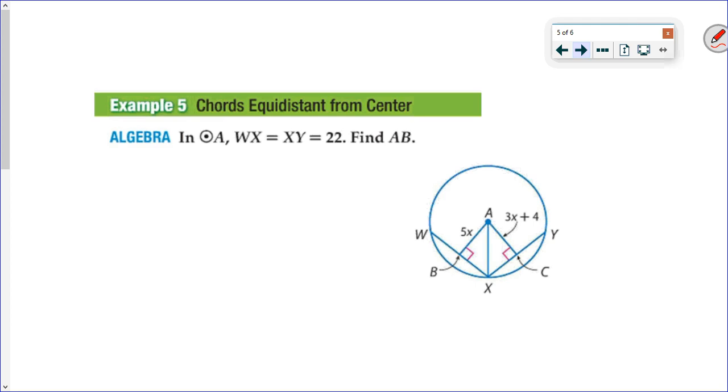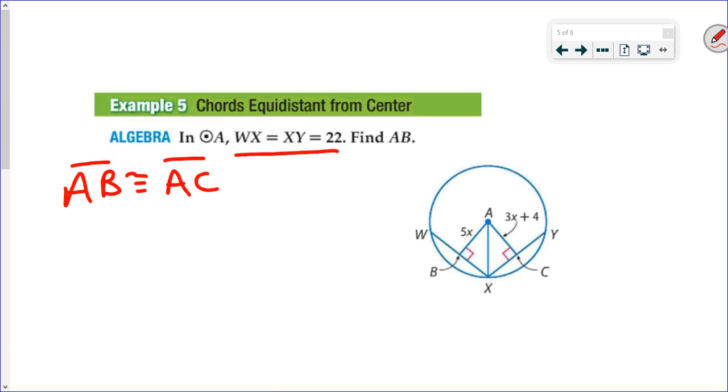In circle A, WX is equal to XY. So the chords are congruent. Then we want to find AB. If those chords are congruent, then AB is congruent to AC. They must be equidistant from the center, so we can use that to say 3x plus 4 equals 5x.